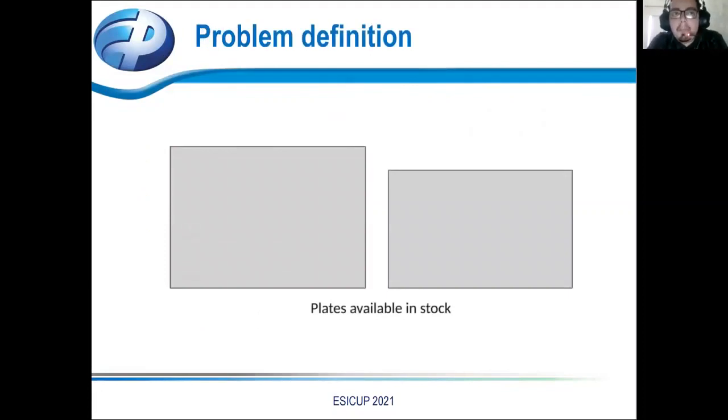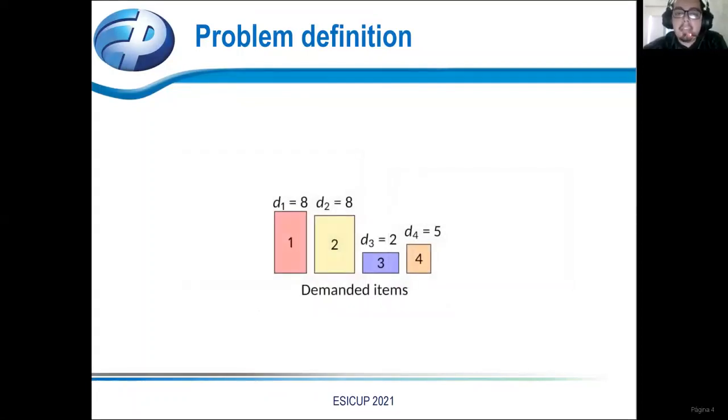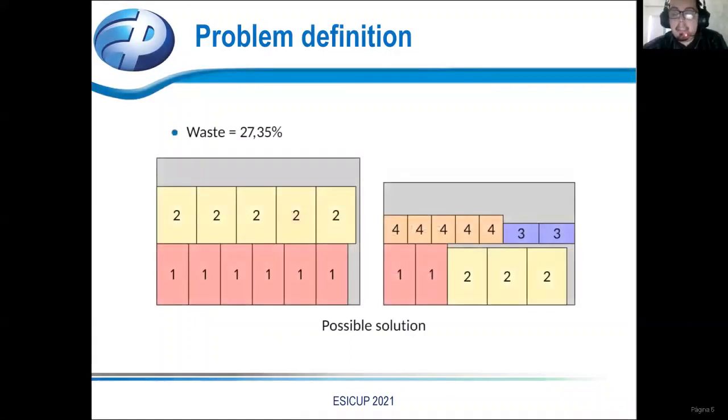Well, the two-dimensional cutting stock problem with usable leftovers consists in cutting plates, two-dimensional plates available in stock in order to produce a set of smaller demanded items. In this example, to attend the demand, we have to use both plates available in stock, and this is a possible solution that gives us 27% of waste, okay, very high waste.